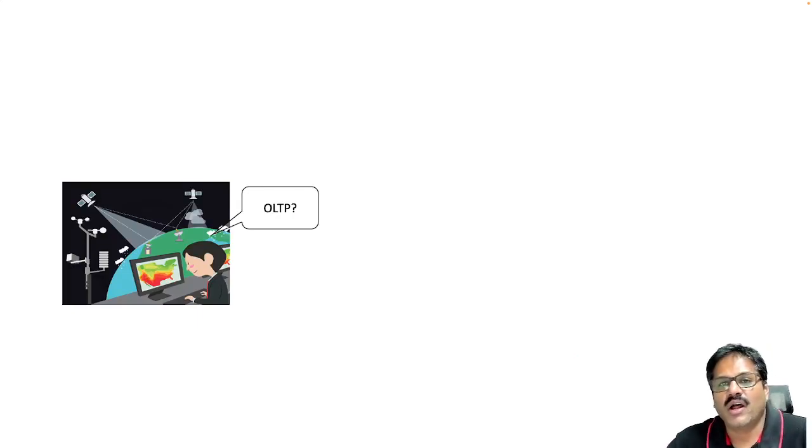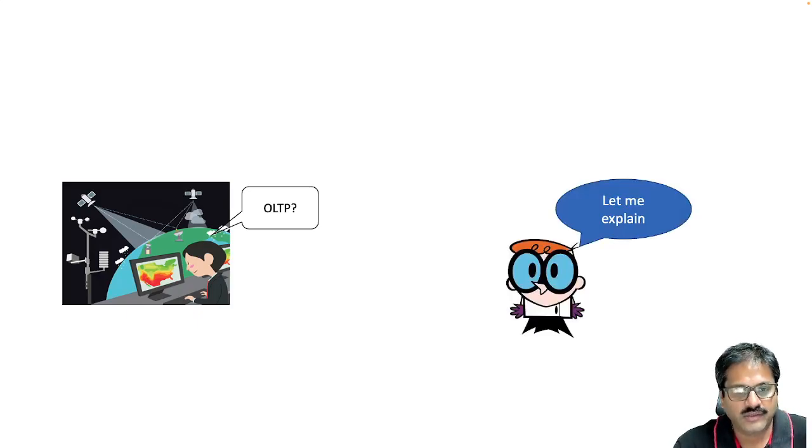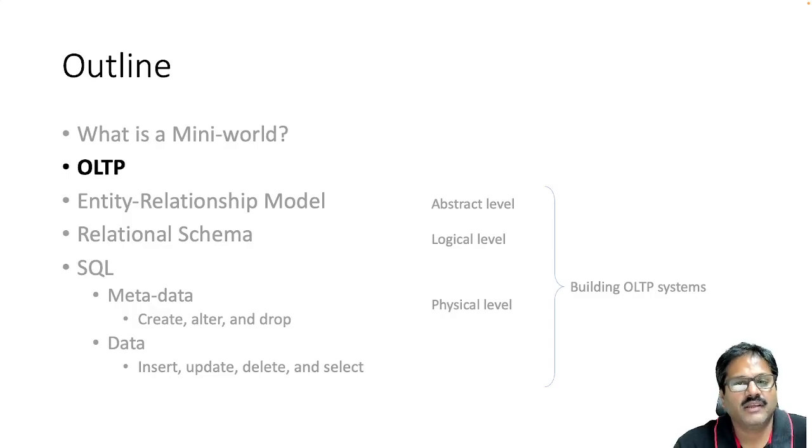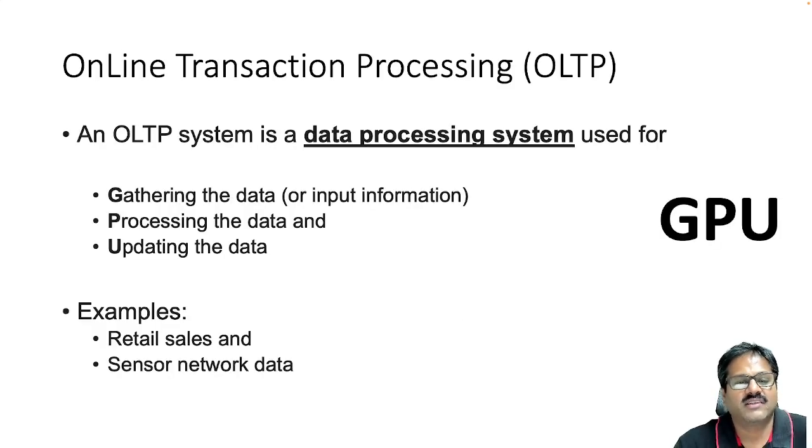When we talk about online transaction processing, we should know what they are. An online transaction processing system is a data processing system used for gathering the data, processing the data, and updating the data. If you take the air pollution data in the example, an OLTP system is used to store the air pollution data generated by various sensors.